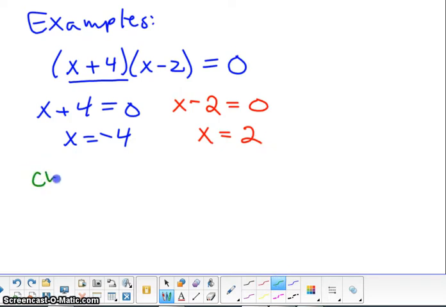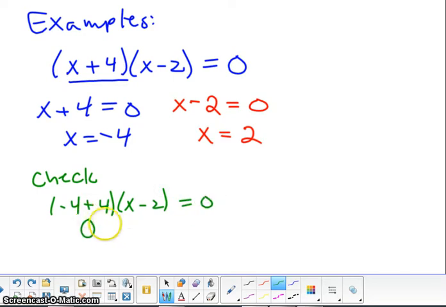Now I know that if I check my answer, I will know for sure that I'm correct. So if I plug in a negative 4 for x and leave everything else alone, this quantity is 0, and this is x minus 2, and anything times 0 is 0. So that is a good one.